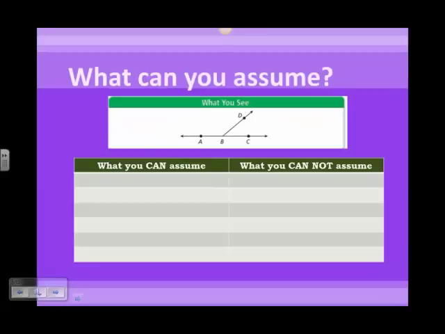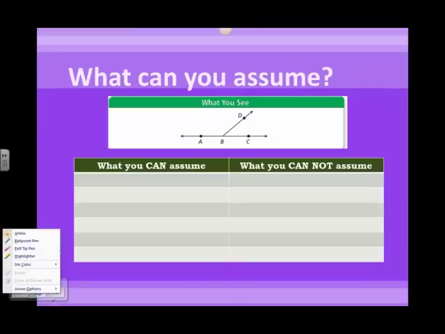Okay, so when we go to this next diagram here, let's take a look at what it might be safe to assume and what it is not safe to assume based solely on the diagram. Based on this diagram, there's a couple things that are safe to assume. It is okay to assume that points A, B, and C are collinear.